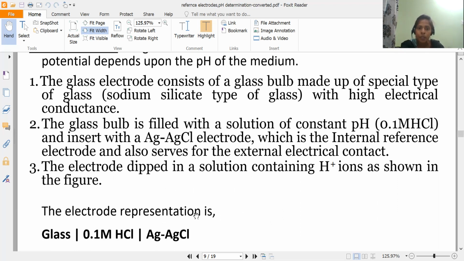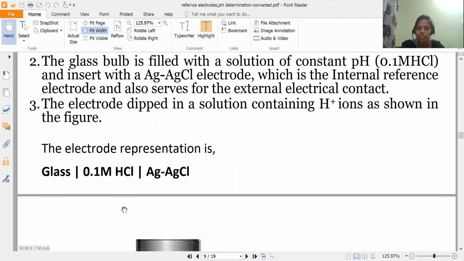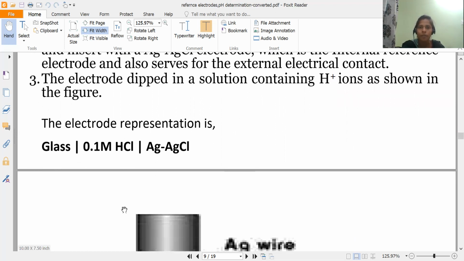And this is the representation of the glass electrode. That means this is a cell notation. Glass, vertical line, 0.1 molar hydrochloric acid, vertical line, silver chloride electrode. Here the vertical line represents the contact between them. So glass is a membrane, then 0.1 molar hydrochloric acid, then the silver chloride electrode.